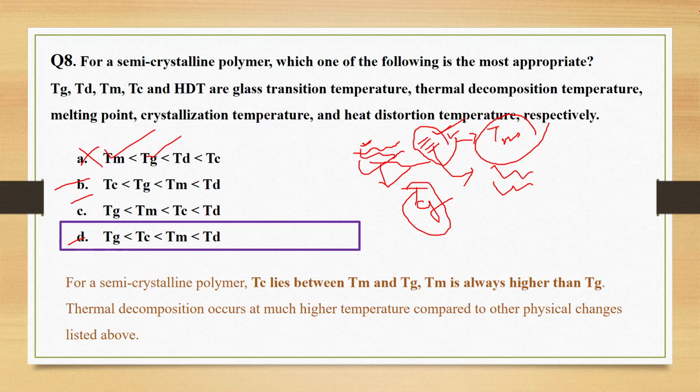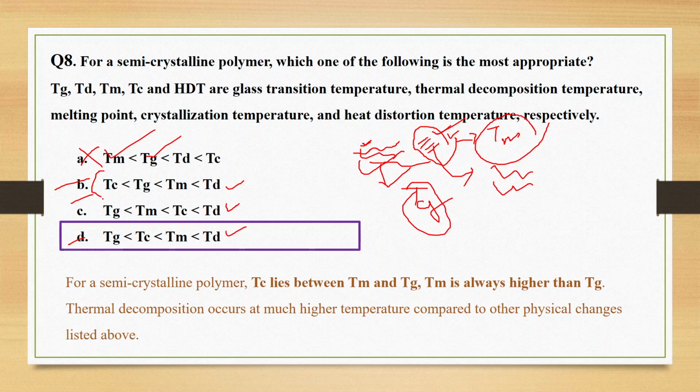You are just decomposing the whole polymer. It cannot revert back to its original state again, so you are totally decomposing it, so it will require the highest temperature. That was obvious to all of you, and that's why in all of these options Td was the highest temperature. All of you know that.